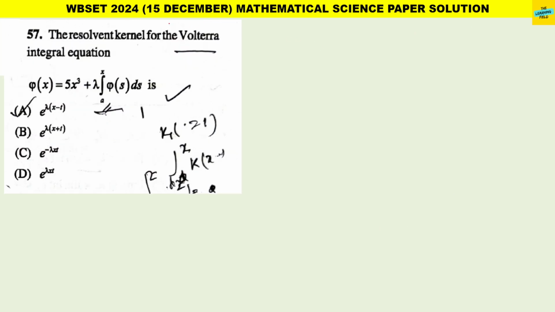Next question, you have to find the resolvent kernel in the Volterra integral equation. We use here a shortcut method to find the resolvent kernel, okay.